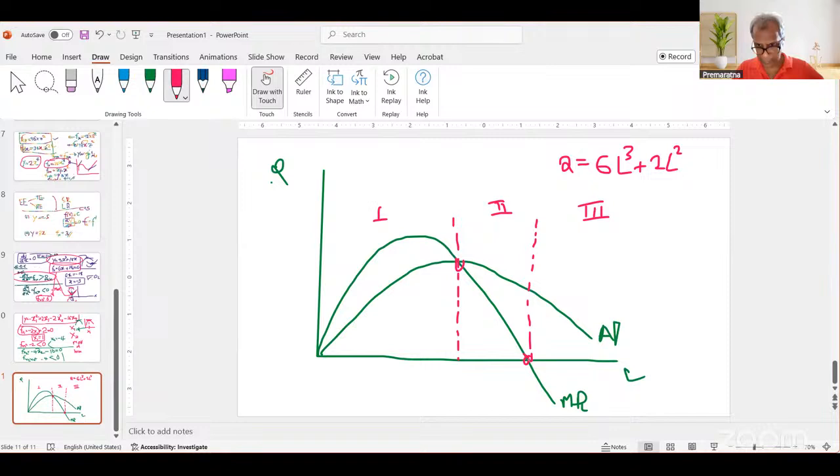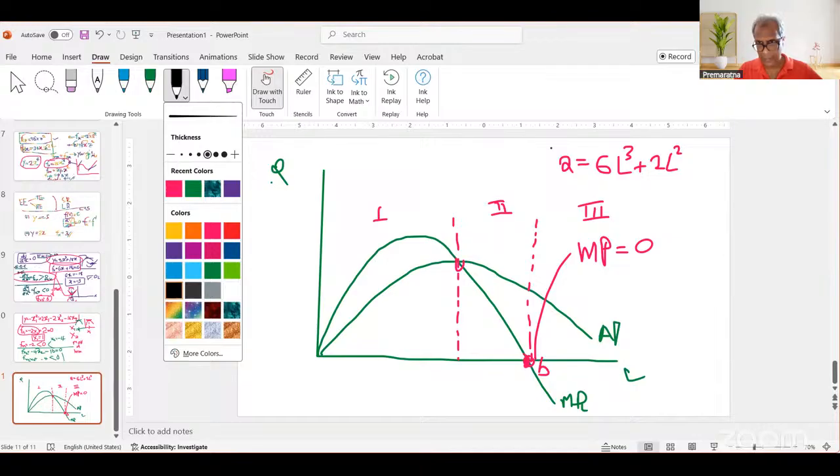Now look at the boundary of stage 2 and stage 3 here, the point B. There you can see the marginal product becomes zero. Now, what is the marginal product?